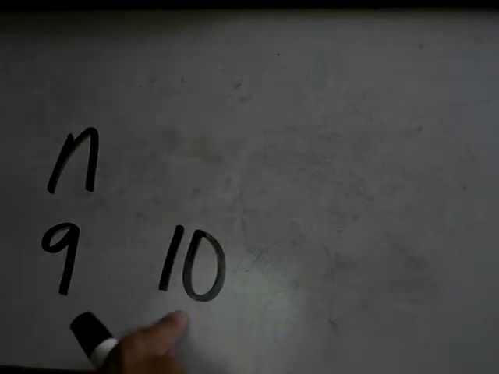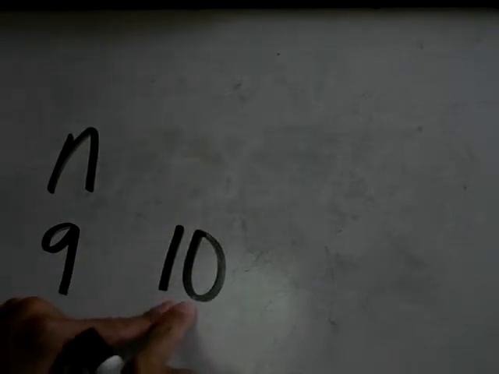Let's say n represented 9. We don't really know, I'm just giving this as an example. The next consecutive integer after 9 would be 10. Well, how did I get from 9 to 10? You had to add 1.